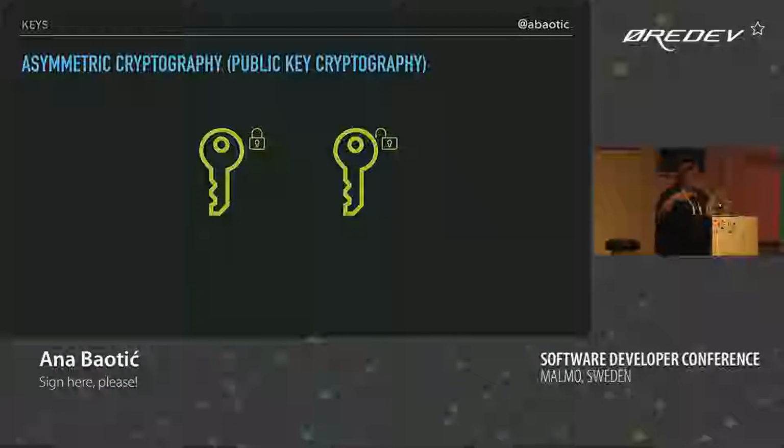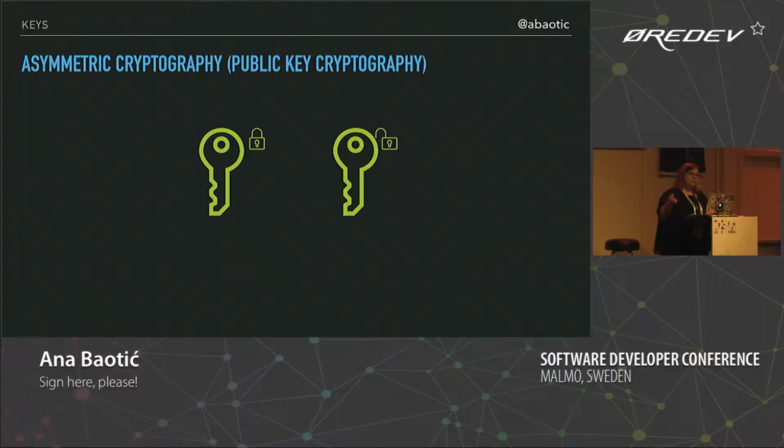So asymmetric or public key cryptography, for those who don't know, is basically any kind of system that uses pairs of keys that are not symmetrical, so they are not the same. And any kind of infrastructure, or PKI, is just a set of roles, policies, and rules on how to store and manage the keys that you have.